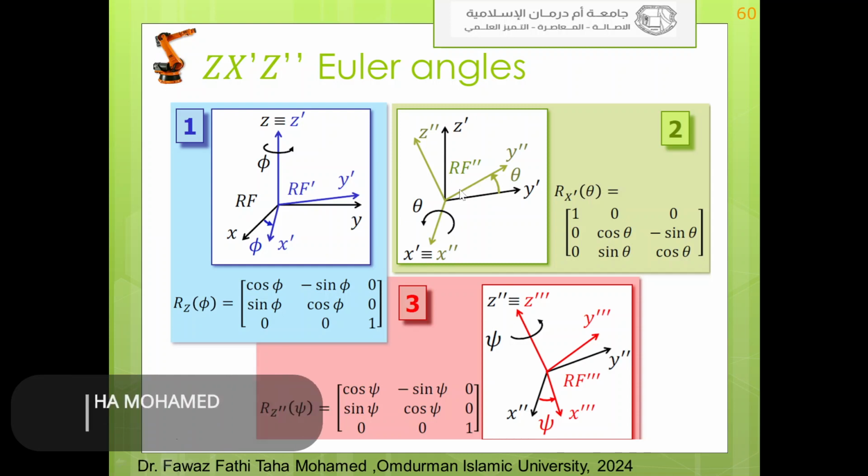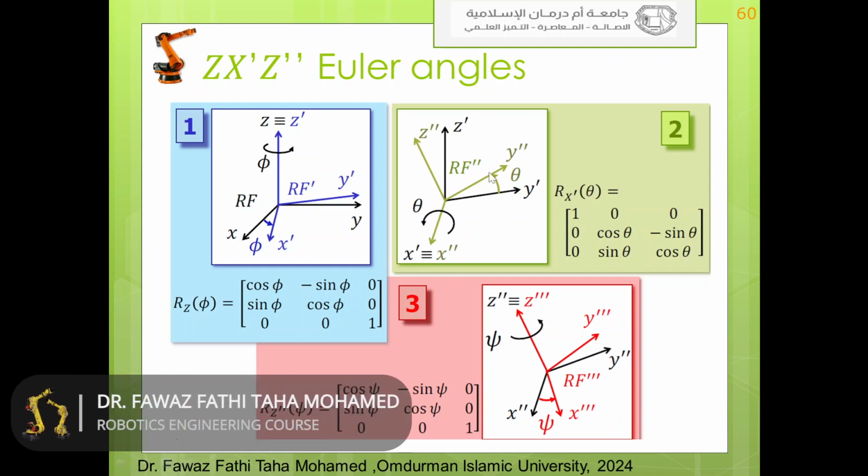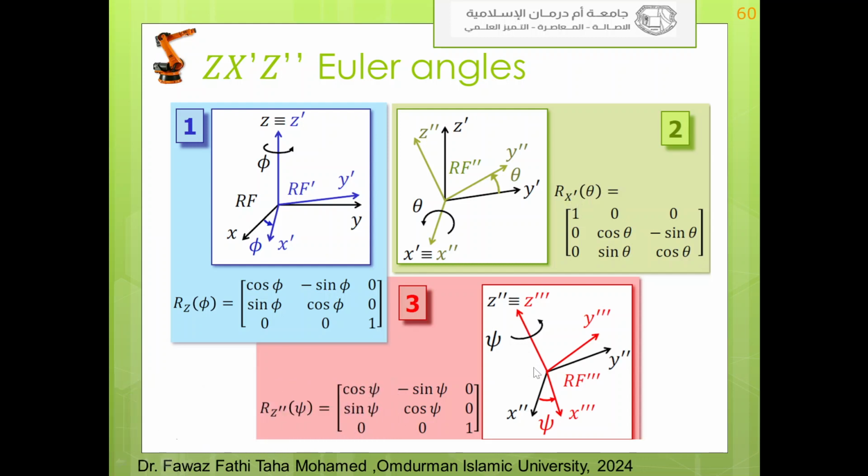The rotation around x is rx dash. Finally, again a rotation around z, but around the z axis of the current frame, z double dash. We will obtain x triple dash, y triple dash, and the z triple dash is equal to the z double dash.